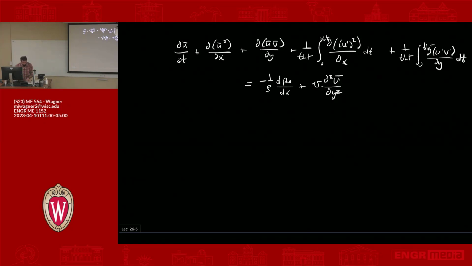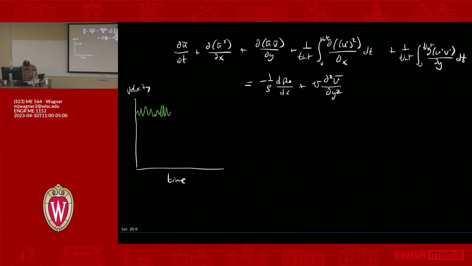So let's see. Let me just sketch out a concept here, and then this will kind of help us make another assumption. So if we look at velocity as a function of time, and we look at, let's say, the u component of velocity and the v component of velocity. So u is going to look something like, let's use green here, something like this, right?